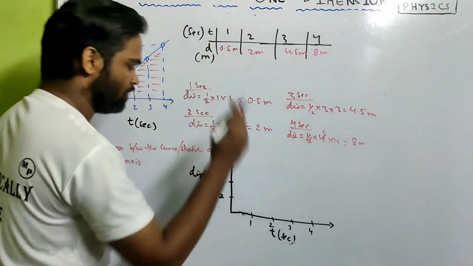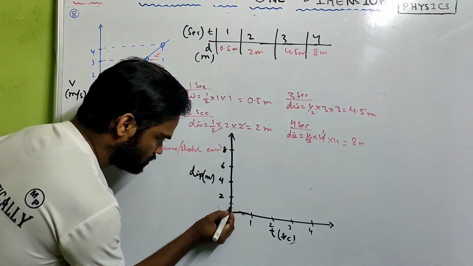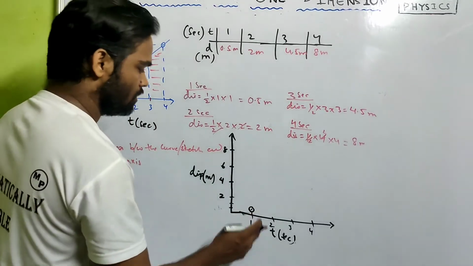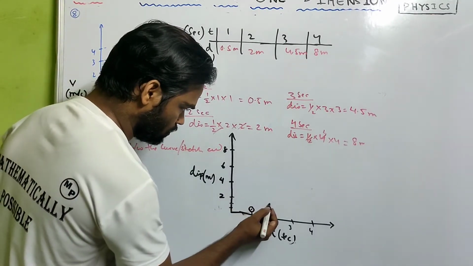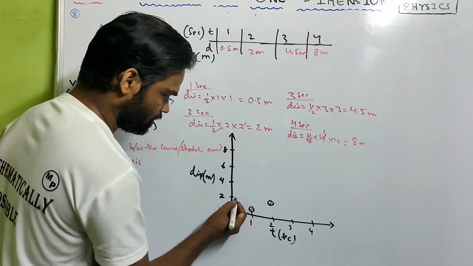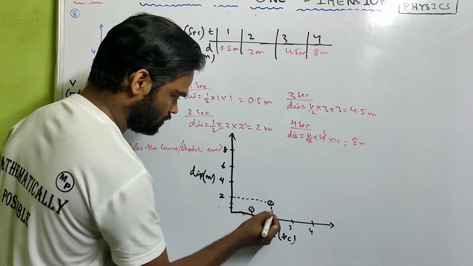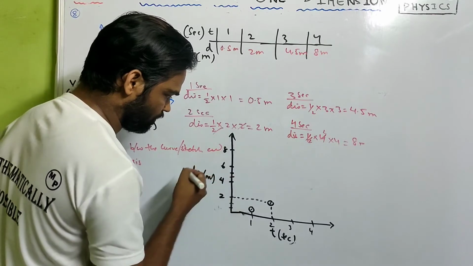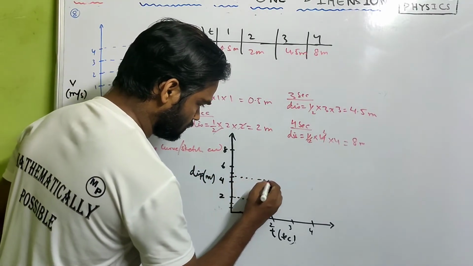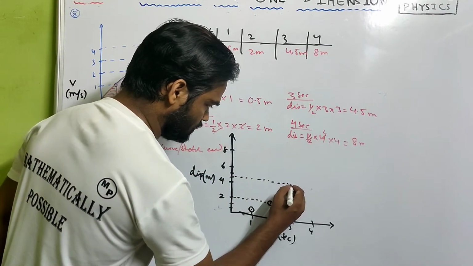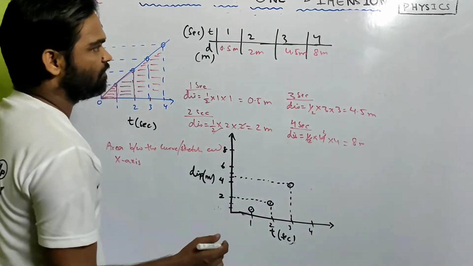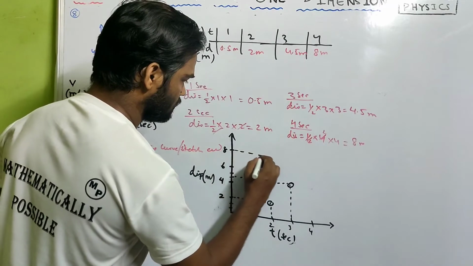At 1 second, 0.5 meter, somewhere over here. At 2 seconds, it's 2, somewhere over here. After 3, it's 4.5, which is over here. After 4, it's 8.